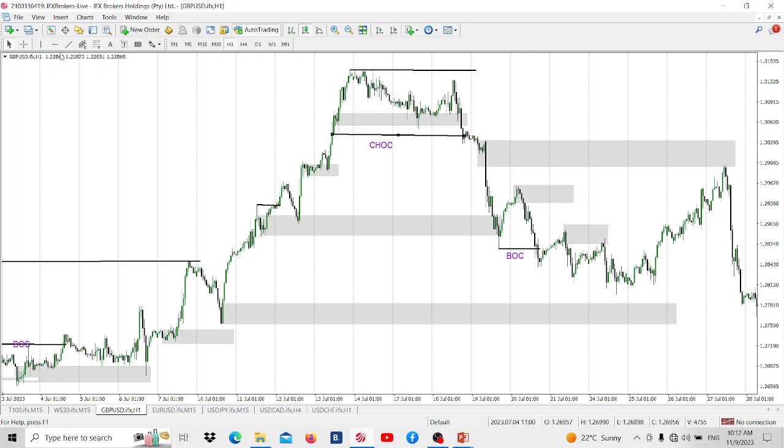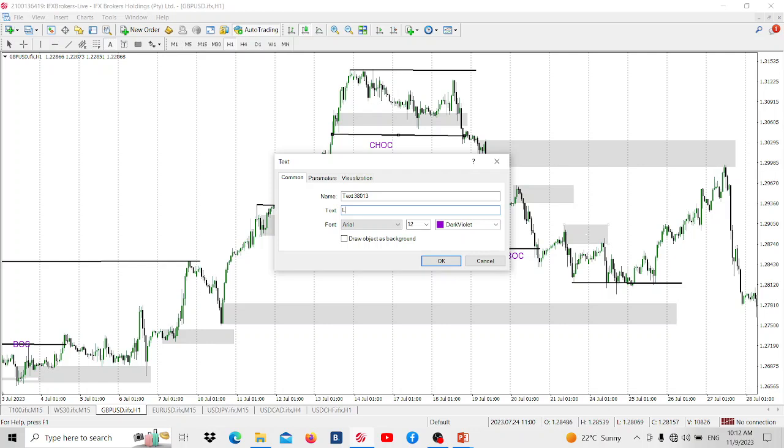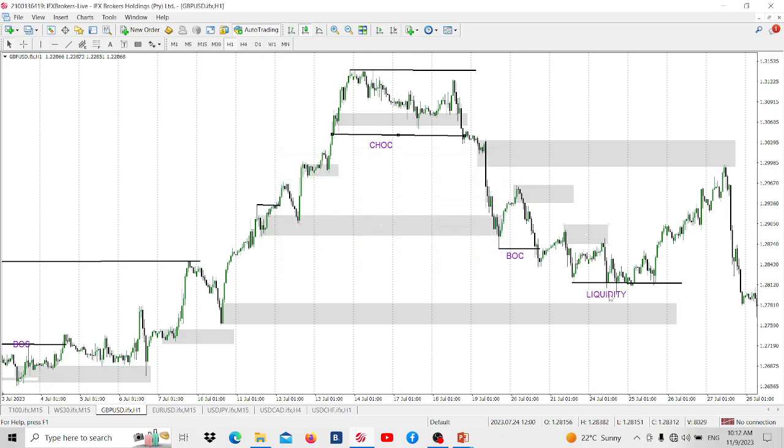Then remember, liquidity. We assumed that the market was going to push up, but we know that the market changed direction now.